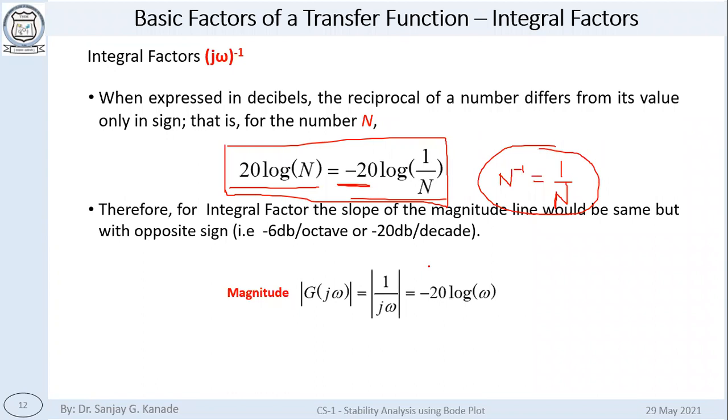Okay. You see here, we can see from the maths also, magnitude of G of j omega is equal to magnitude of 1 upon j omega, and when we express it in terms of decibels, it is minus 20 log of omega. Okay, and the phase angle is just minus 90 degrees, because the angle itself has become minus, of 1 upon j omega, right?